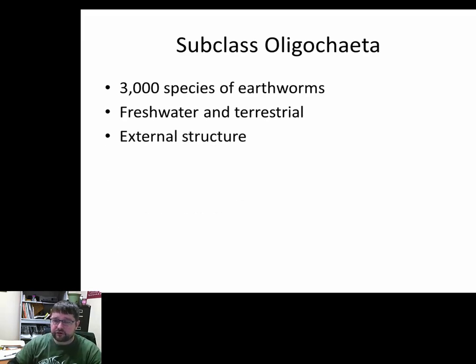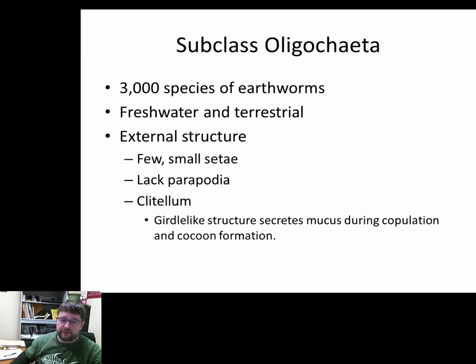They have some external structures which are important. They have setae, but the setae are not as advanced as the setae that we see in the polychaetes that tip their parapoda. These guys don't have any parapoda, so the setae are right on the epidermal, normally on the ventral side of the organism, embedded in the epidermal cells.